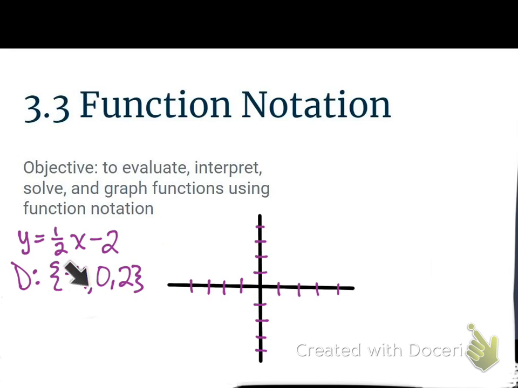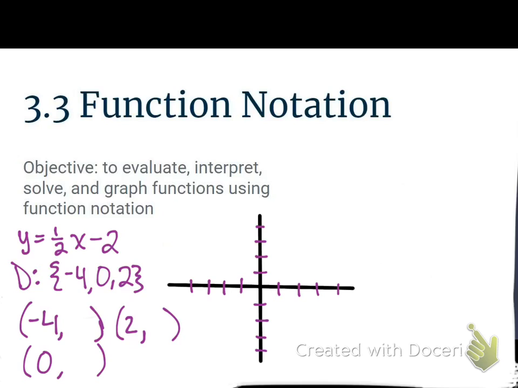The domain gives us what? The x values. So we already know that we're going to have points that start with -4, 0, and 2. But we don't know the y values that go with them.